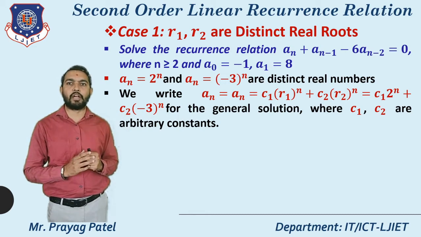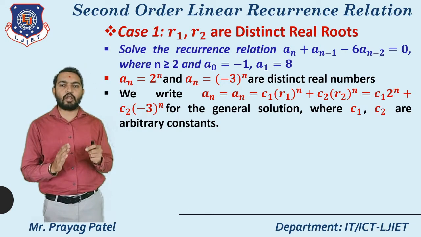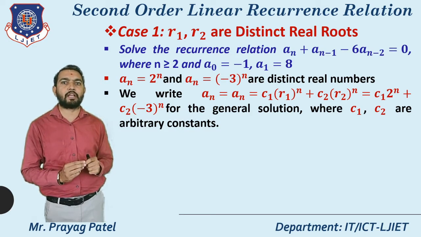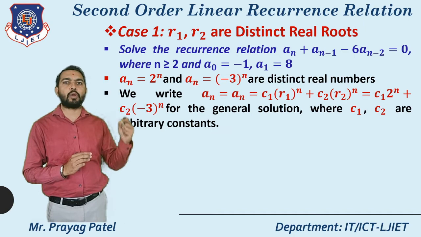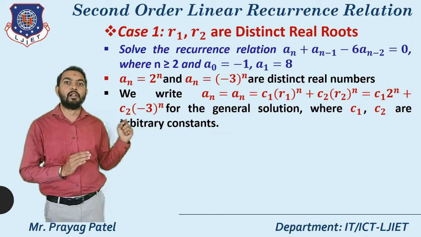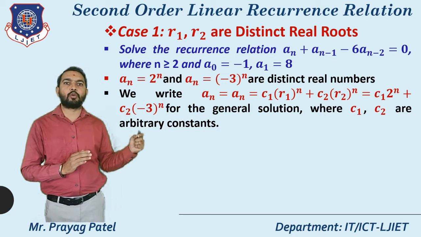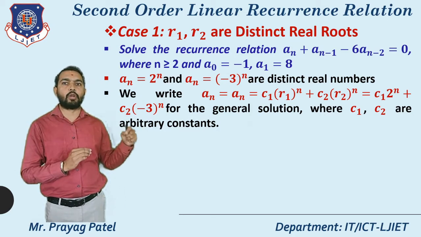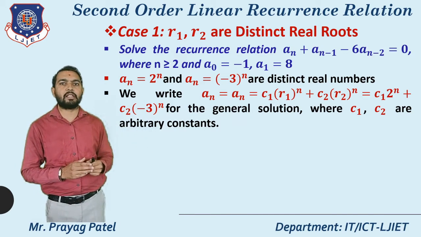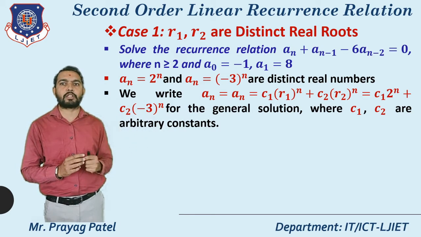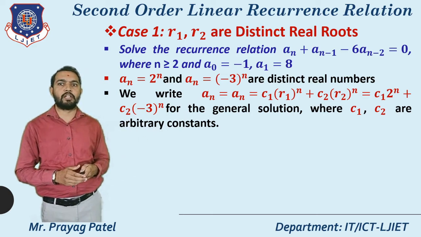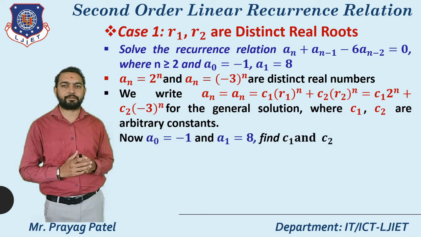Remember one point here: for distinct values of r1 and r2, we can find the common form a of n is equal to c1 r1 raised to n plus c2 r2 raised to n. Remember this equation. Now with r1 equal to 2 and r2 equal to minus 3, we put in the values and get c1 into 2 raised to n plus c2 into minus 3 raised to n. Consider c1 and c2 as arbitrary constants.